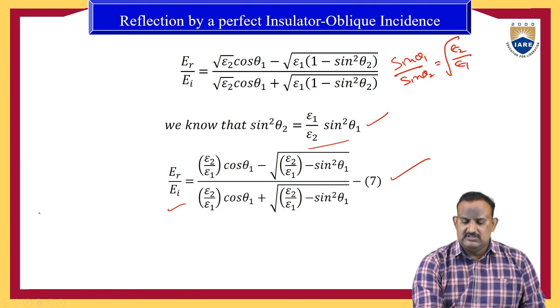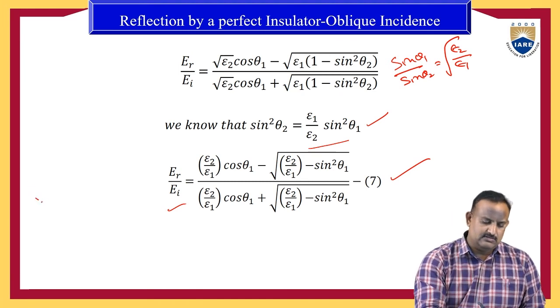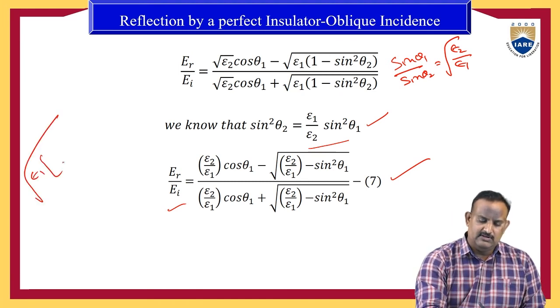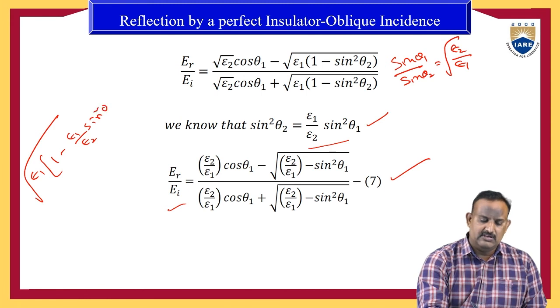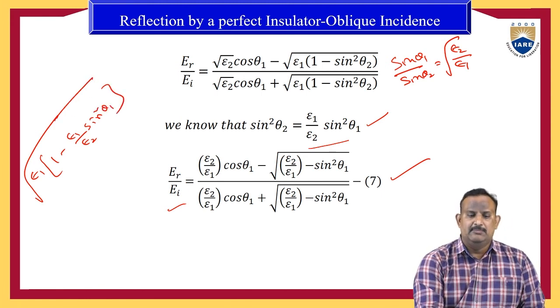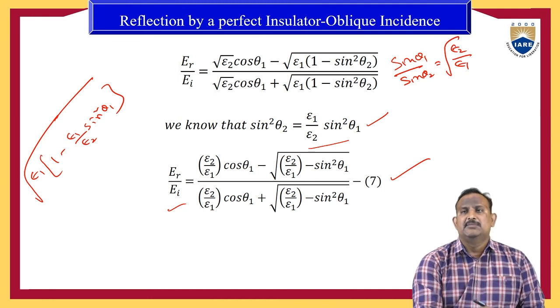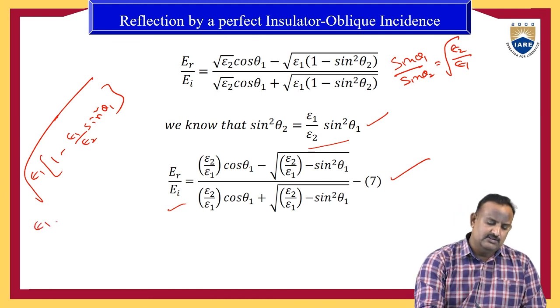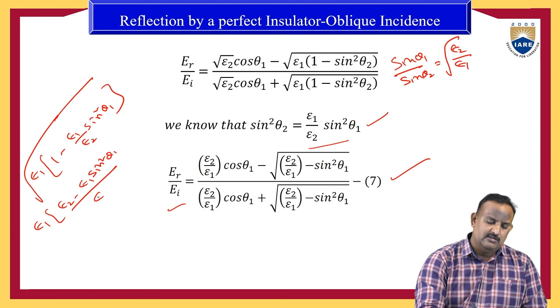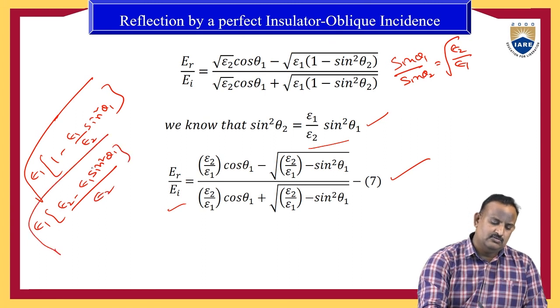It is root of epsilon 1 into 1 minus epsilon 1 by epsilon 2 into sin square theta 1. This is the expression, so we need to take the LCM and simplify the equation. It is epsilon 1 into epsilon 2 minus epsilon 1 sin square theta 1 by epsilon 2 within the root.